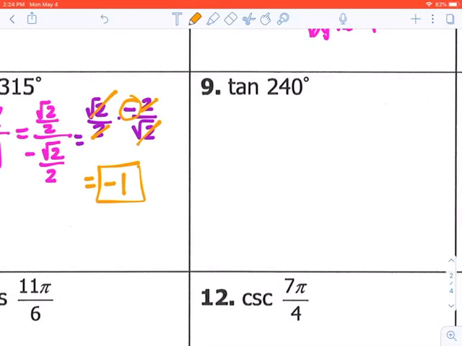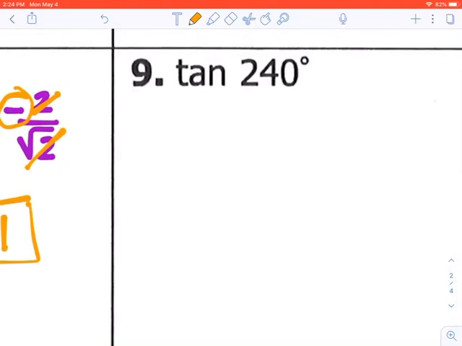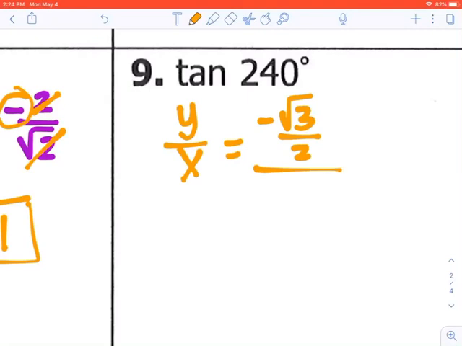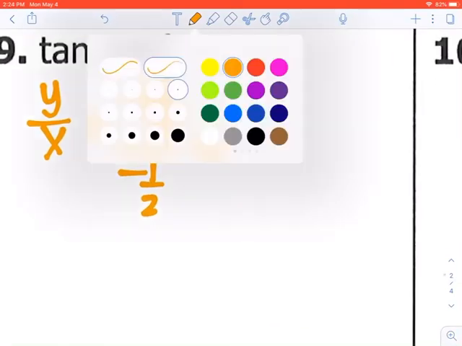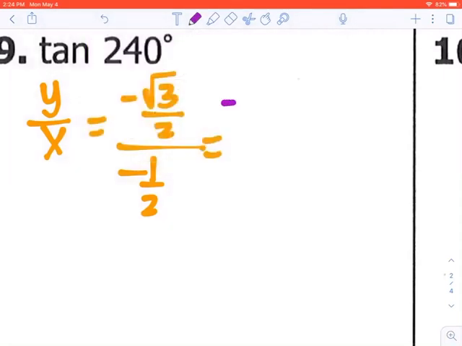Tangent of 240 degrees. Just for time's sake here, I'm just going to go through it. Remember, tangent is y divided by x. So if I look at my 240 degrees, my y is negative root 3 over 2. My x is negative 1/2. And so now I'll divide these values by multiplying by the reciprocal. Negative root 3 over 2 times negative 2 over 1.